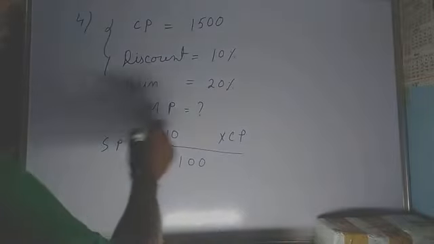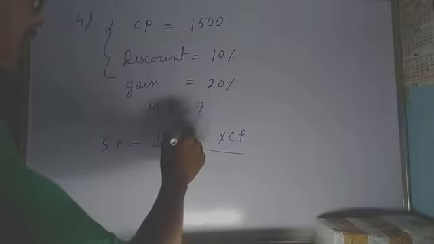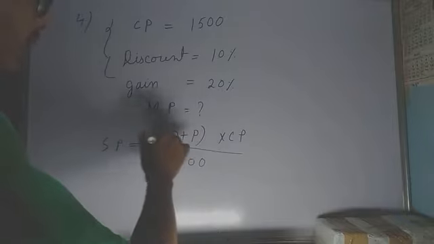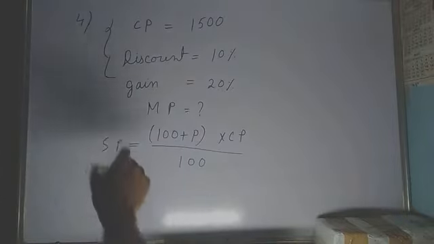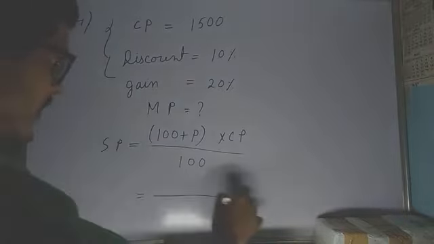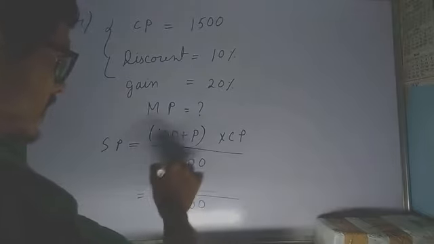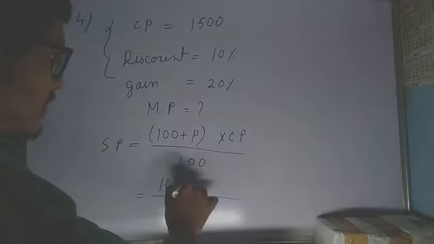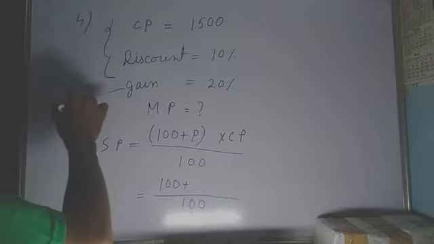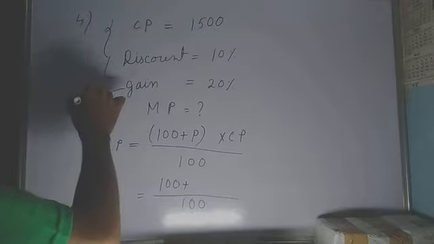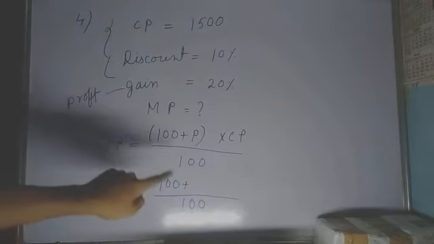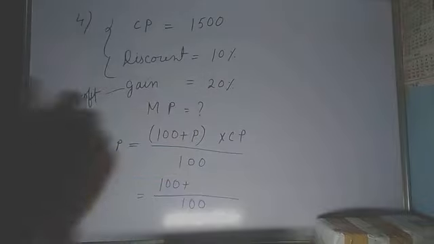So the SP formula will be here. Gain means plus. Profit and gain mean the same. So substitute the values: 100 plus profit. Profit is how much? 20.